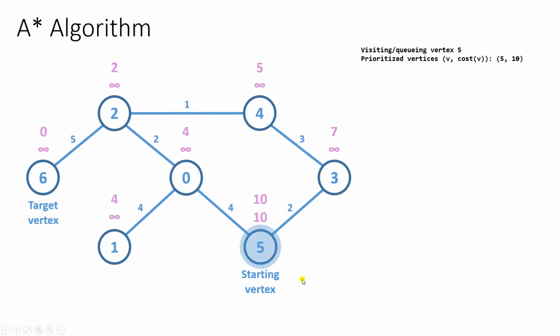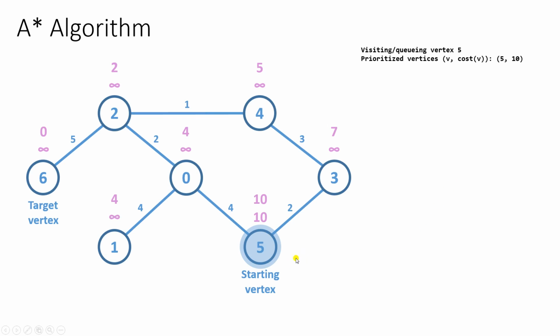Let's start with the starting vertex. It's marked in light blue color, and it's queued with a calculated total cost written as the right element in a tuple. When a vertex is explored, all its previously unqueued, unexplored children are put into the priority queue.